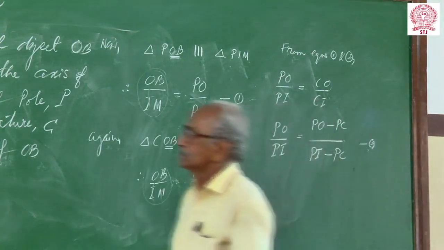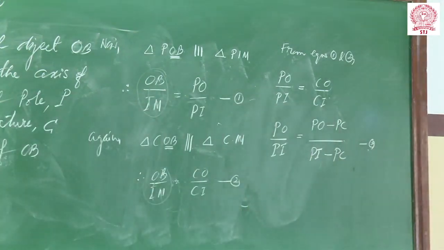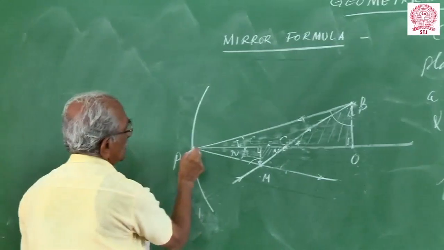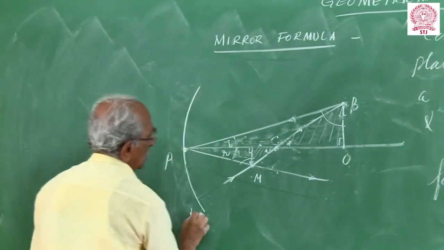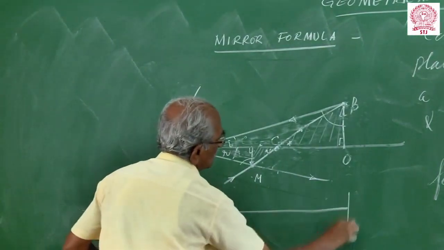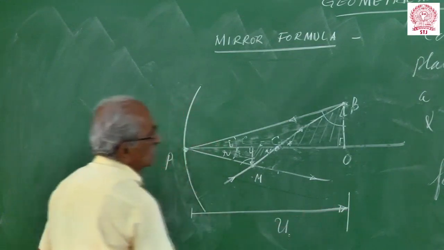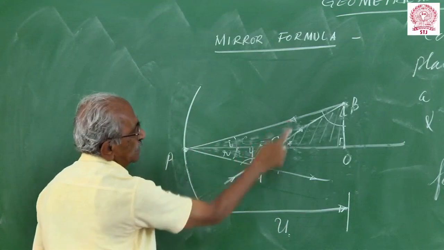Now observe here. All distances are measured from the pole along the axis. This is the object distance, denoted by minus U, because we measured against the direction of light.